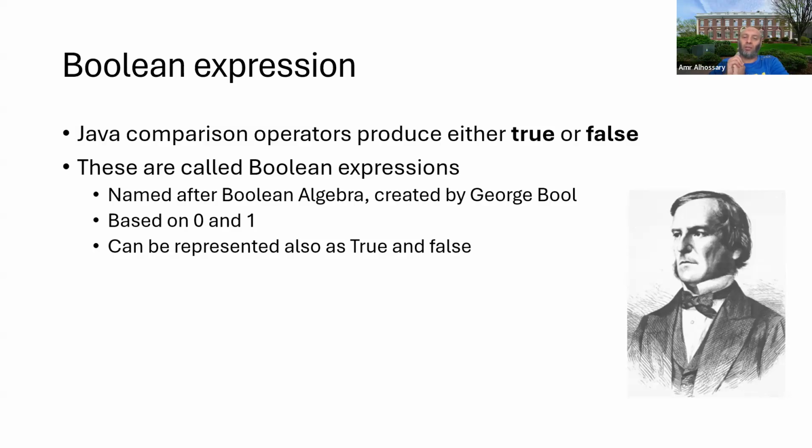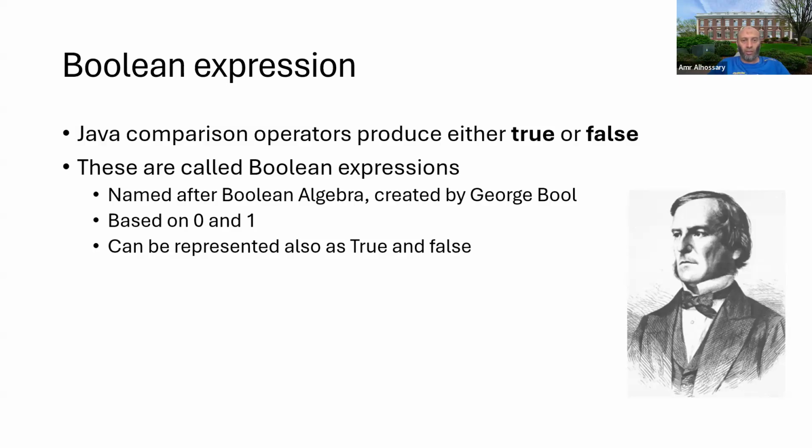We will definitely talk about it later. But anyway, the facts in Boolean algebra are represented as true and false, and also as 0 and 1. Actually, 1 and 0.